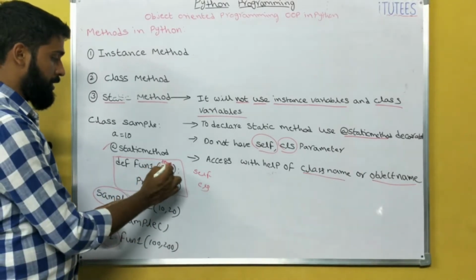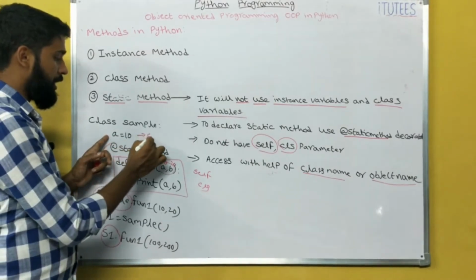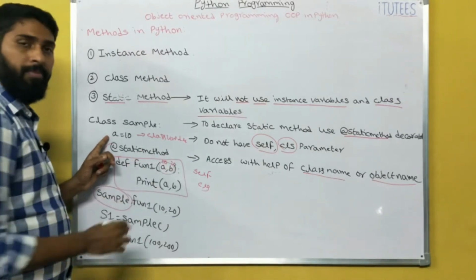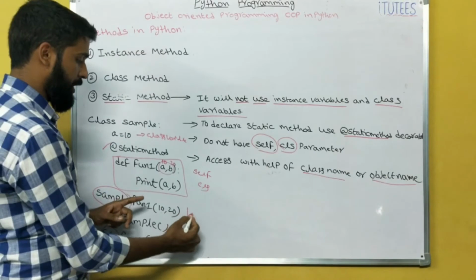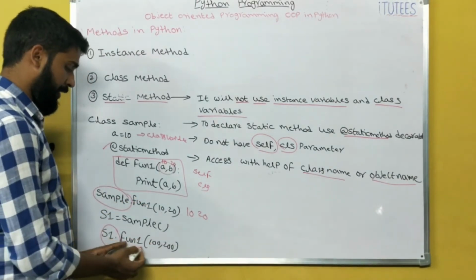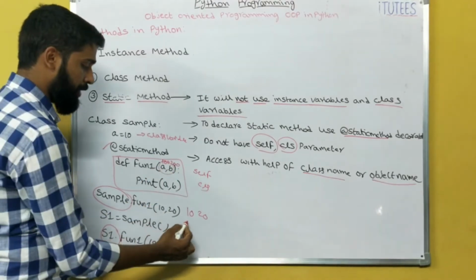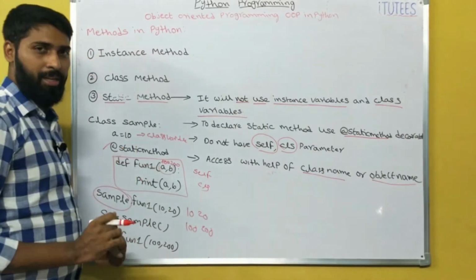So 10 is in a, 20 is in b. a equals 10, and this is the class variable. Print a, b, so the output is 10 and 20. After that I am calling s1.function1 with 100, 200. Output is 100, 200. So this is about static method.